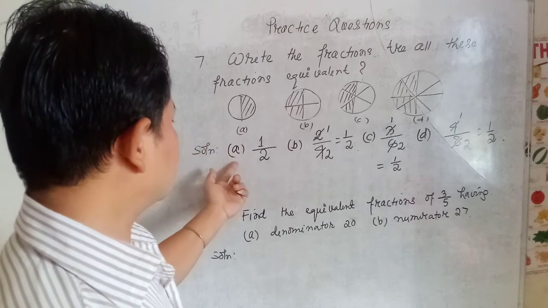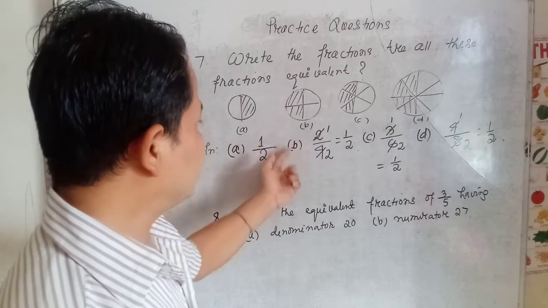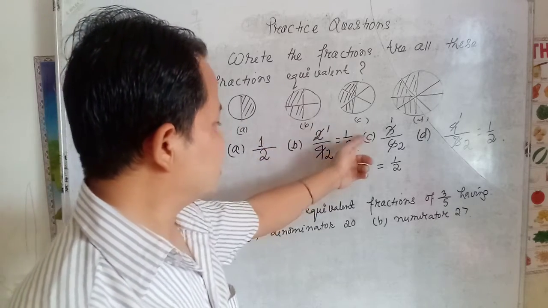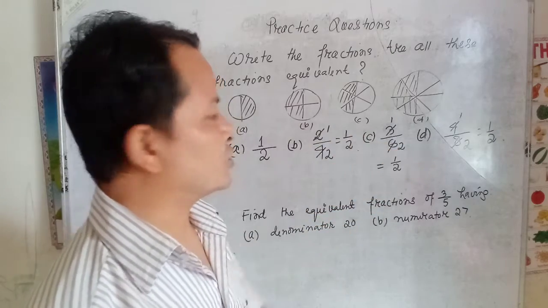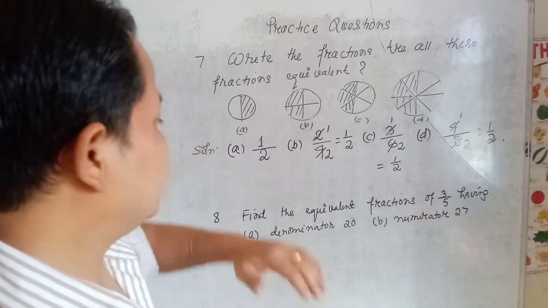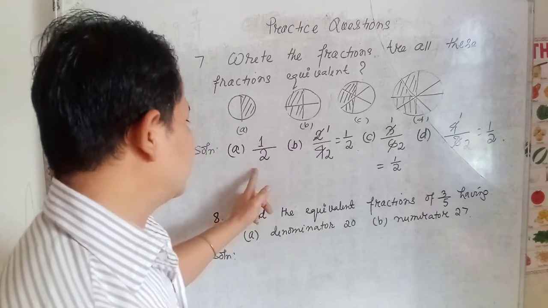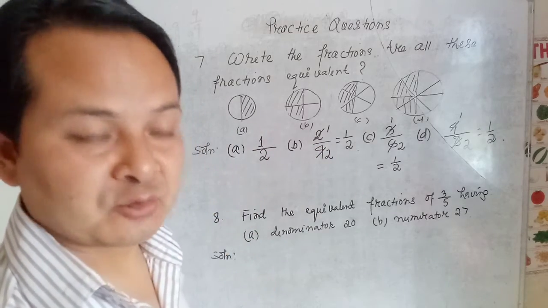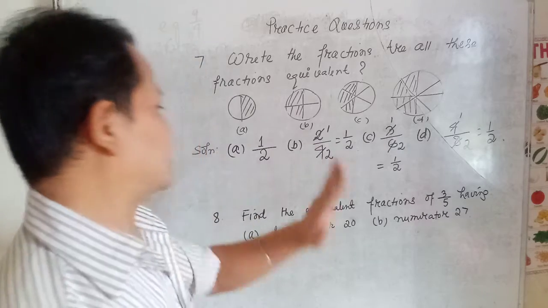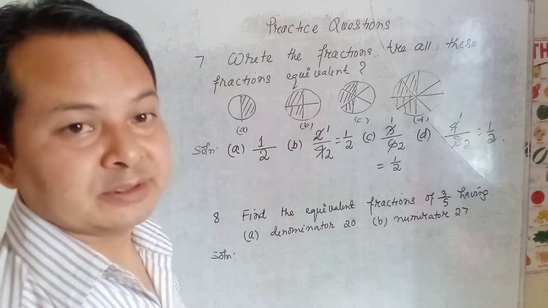For the first question A, the value is 1/2, B also 1/2, C also 1/2, and D also 1/2. That means each and every fraction has the value 1/2. That means they have got the same values. That's why these fractions are said to be equivalent.